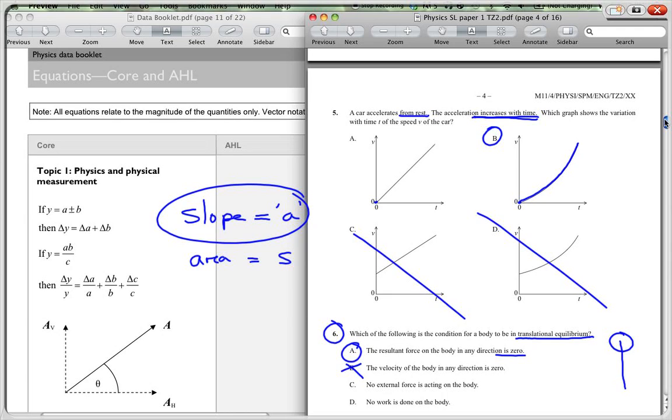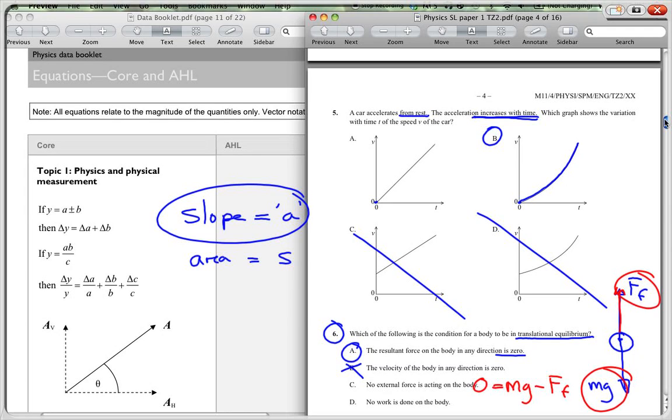It therefore has a force of mg acting on it in that direction, but a frictional force in that direction, and these two are balancing each other out. They're cancelling each other out. Because they're cancelling each other out, mg minus the frictional force is equal to 0. This would be in translational equilibrium. There are external forces acting on it, but they are all cancelling each other out.